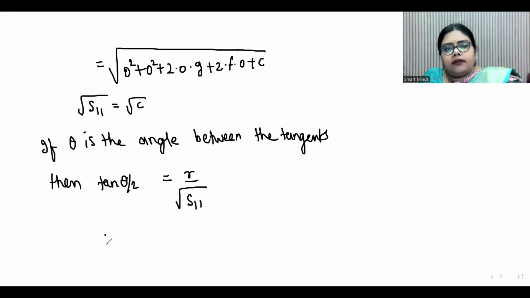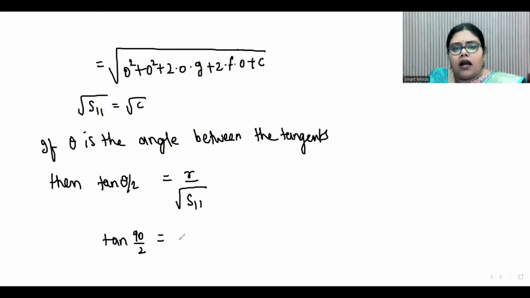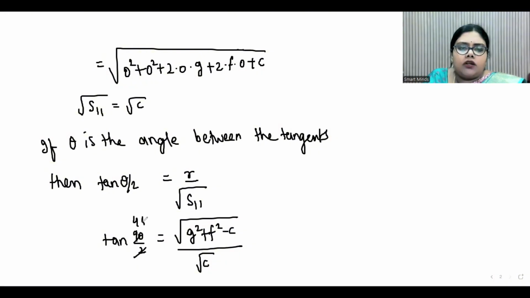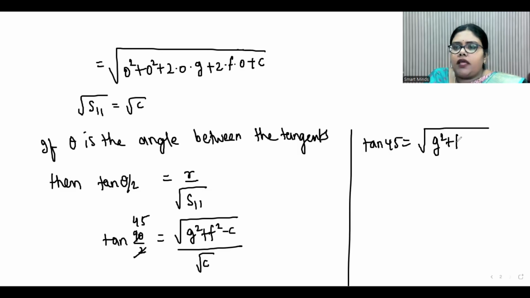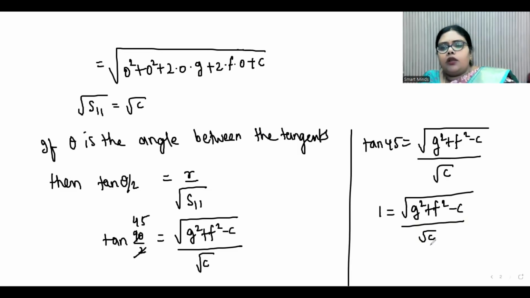So theta is 90, 90 by 2, and r is root over g square plus f square minus c, by root S11, which we can write as root c. So tan 45 is equal to root over g square plus f square minus c by root c. Tan 45 is 1. 1 is equal to root over g square plus f square minus c by root c.